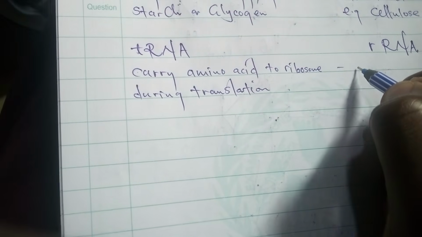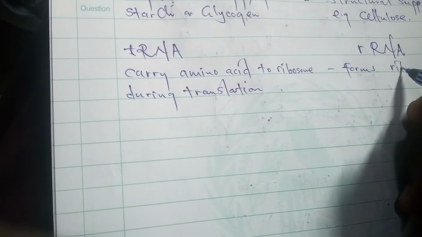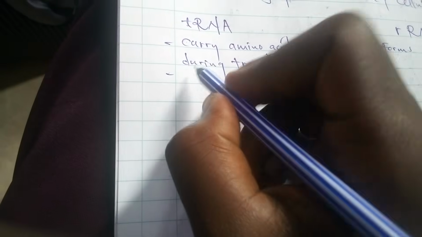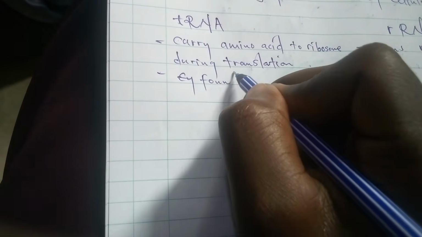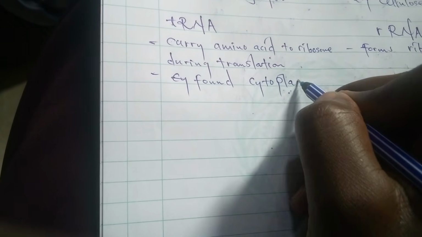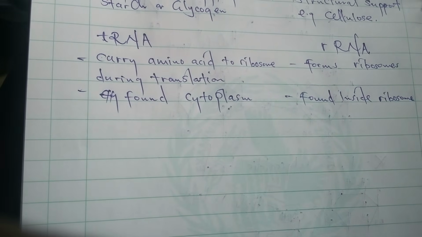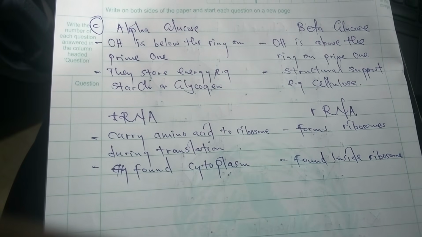This one forms ribosomes. Another one is that this one is found in the cytoplasm. The other one is found inside the ribosome.